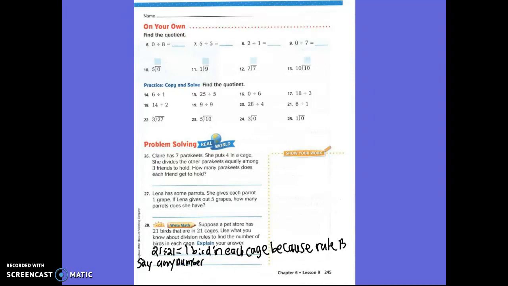What does it say? What does rule B say? Any number except 0 divided by itself equals 1. Divided by itself. Equals 1.